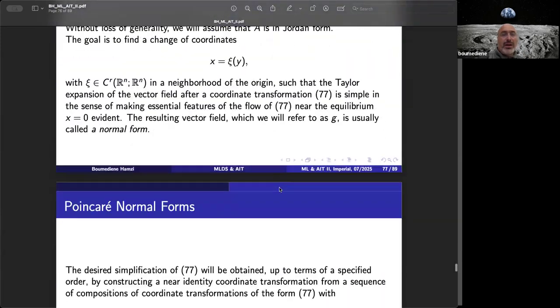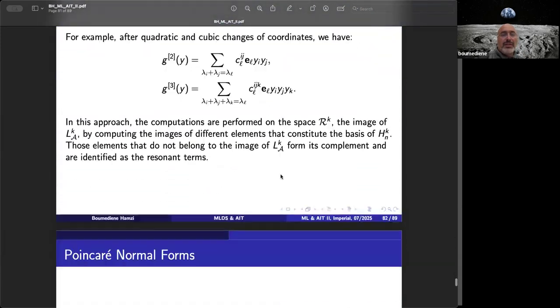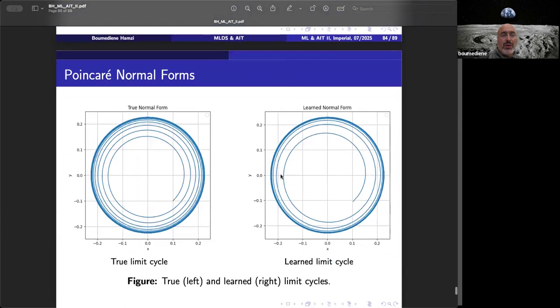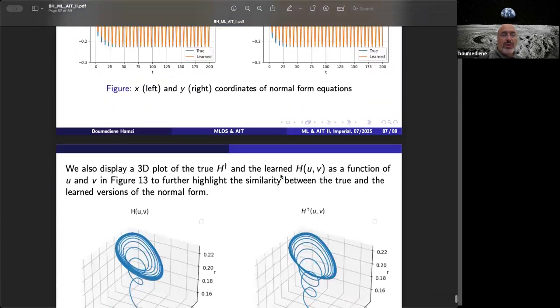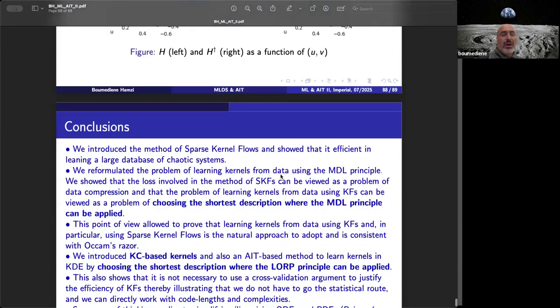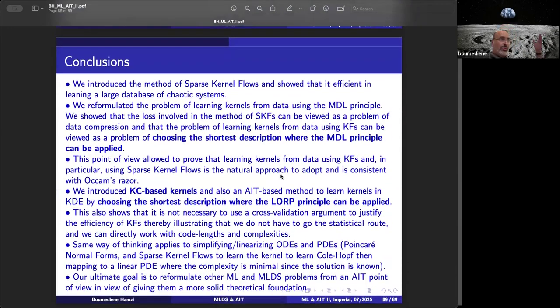As I said, we argued that for PDEs and ODEs we can also show the same thing. The problem of simplification in general, if you have a nonlinear PDE you want to transform to a simpler PDE, or a nonlinear ODE you want to simplify to a simpler ODE, is also consistent with AIT. The conclusion is that we introduced the method of sparse kernel flows.